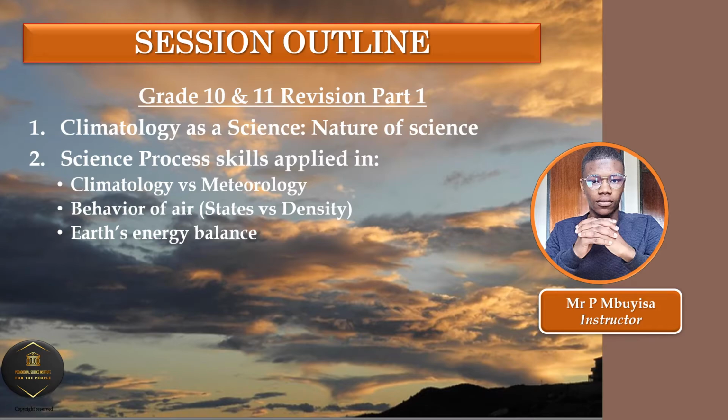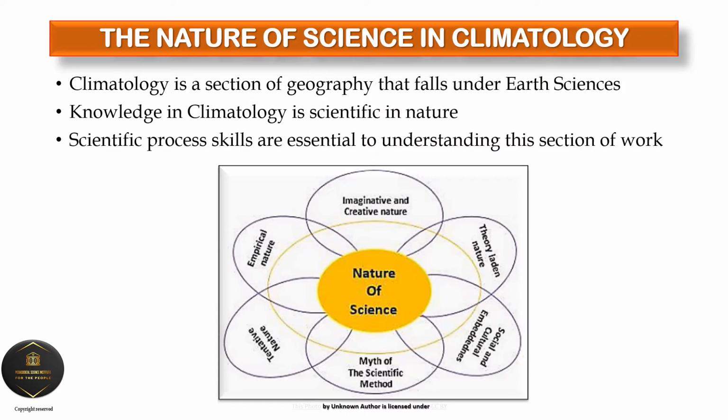Let's start right now. As I said, the first part looks at the nature of science in climatology. You must know that climatology is a section of geography that falls under earth sciences. You'll remember that science is a very broad field, right?